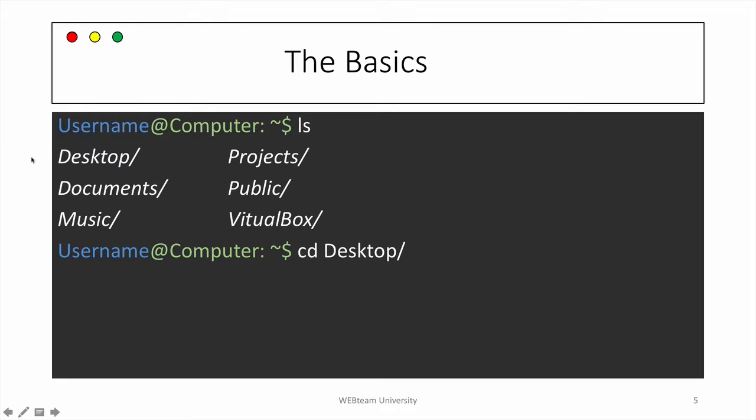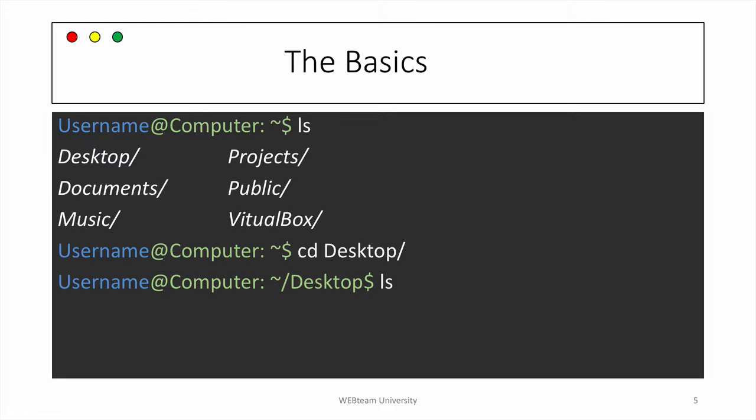If I want to move into one of these folders, then I can do that with the cd command. cd desktop will move me into the desktop folder. I would type cd desktop. It is case sensitive. I would have to type capital DESKTOP and then hit the enter key, and it would move me into the desktop directory.